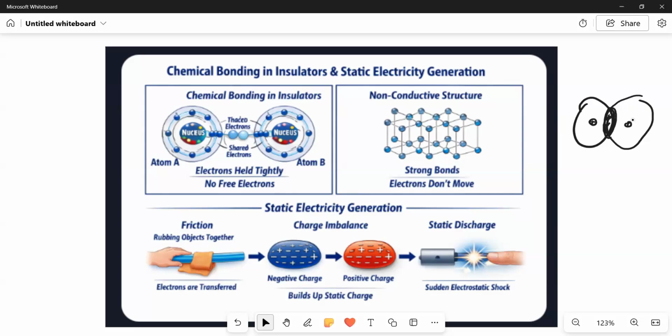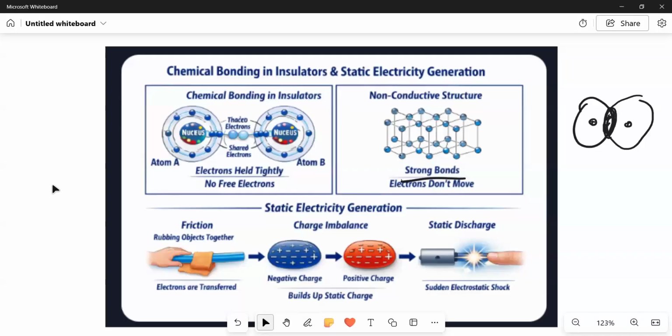The electrons are strongly bonded to the nucleus, and the entire structure of the material is such that it doesn't allow it, like you see here. They speak of strong bonds, and there isn't place for electrons to be flowing around.